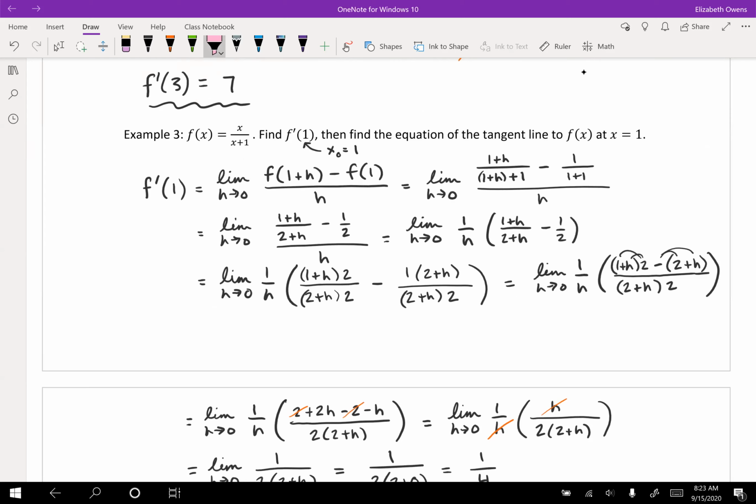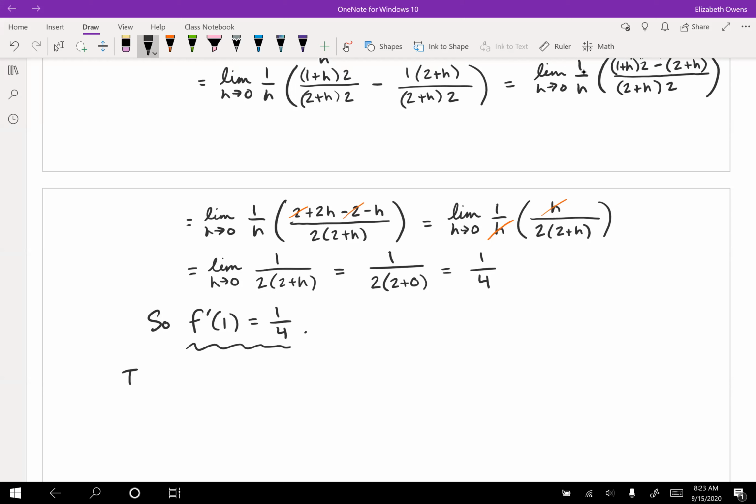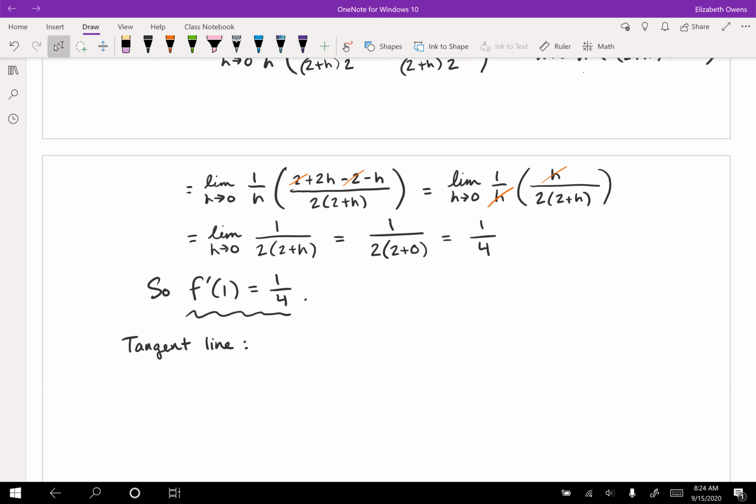Notice how we were told to first find f prime of 1. Then find the equation of the tangent line to f of x at x equals 1. Okay, so we're going to do the tangent line equation. And, you know, we'll get that into y equals mx plus b form.